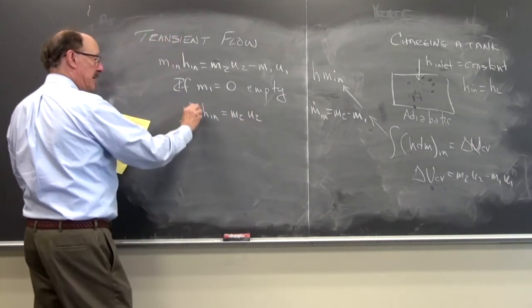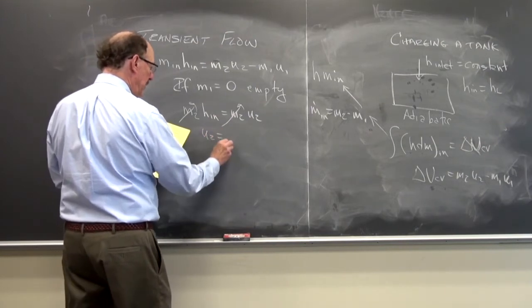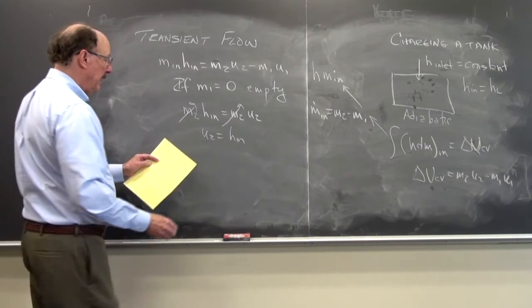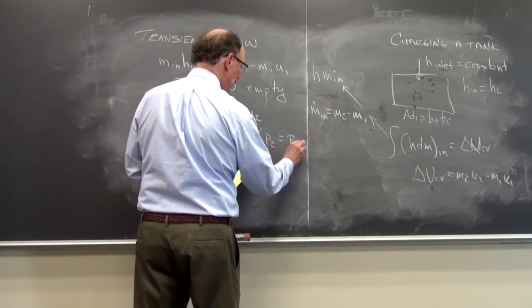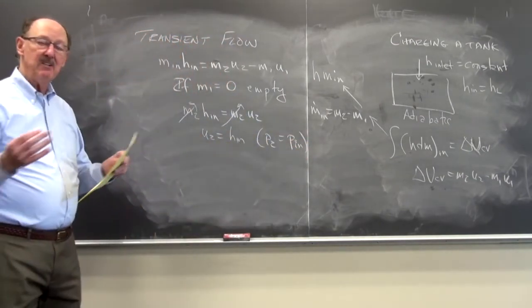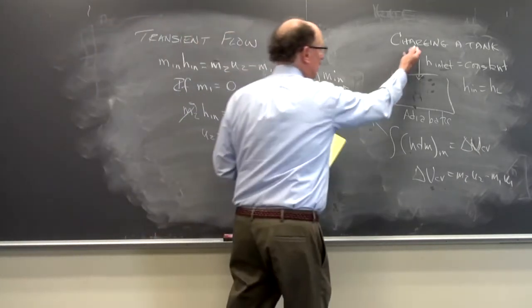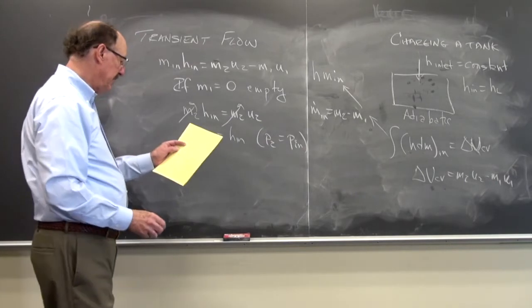The M2's cancel, and so I have that U2 is equal to Hn. And this assumes that P2 is equal to Pn. So we're assuming that the final pressure in the tank is equal to the pressure that's coming in here. So obviously, for something to flow in, it needs an inlet pressure, which again is held constant.